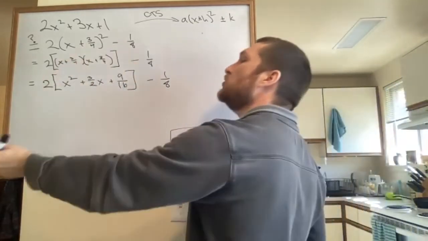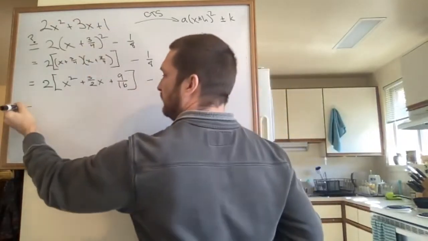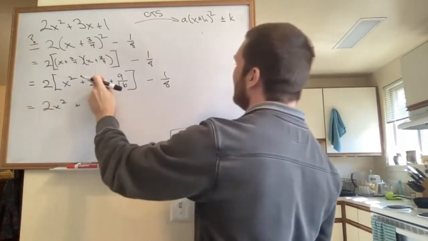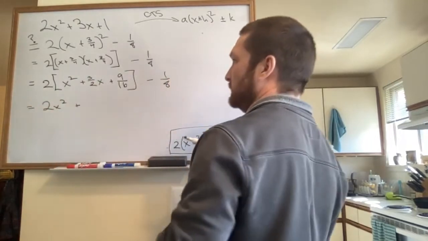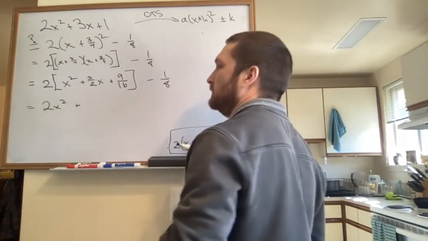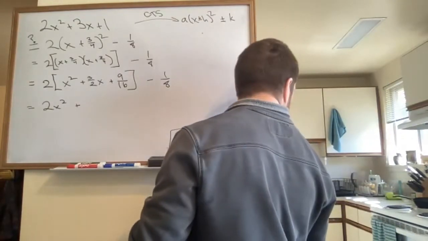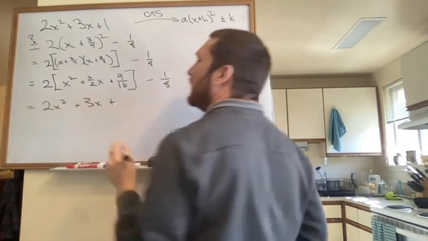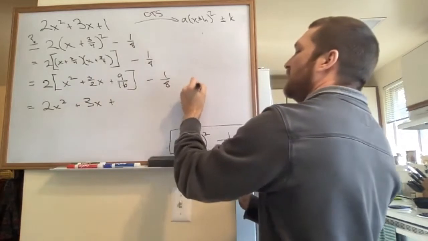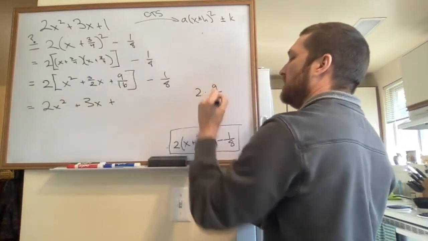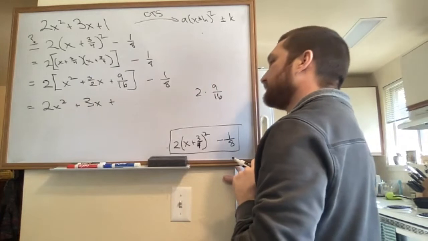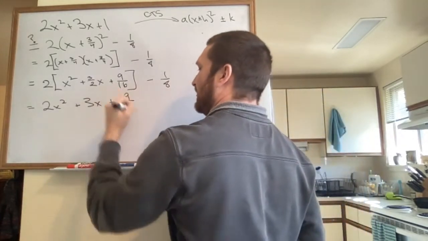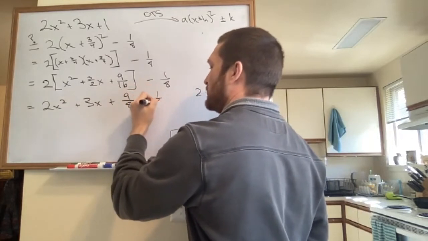So now the 2 distributes in, and we get 2x squared. What do we get in that second term right there? 3x. 3x plus 2 times 9 over 16 is what? 9 over 8. Man, that's familiar. Minus 1/8.